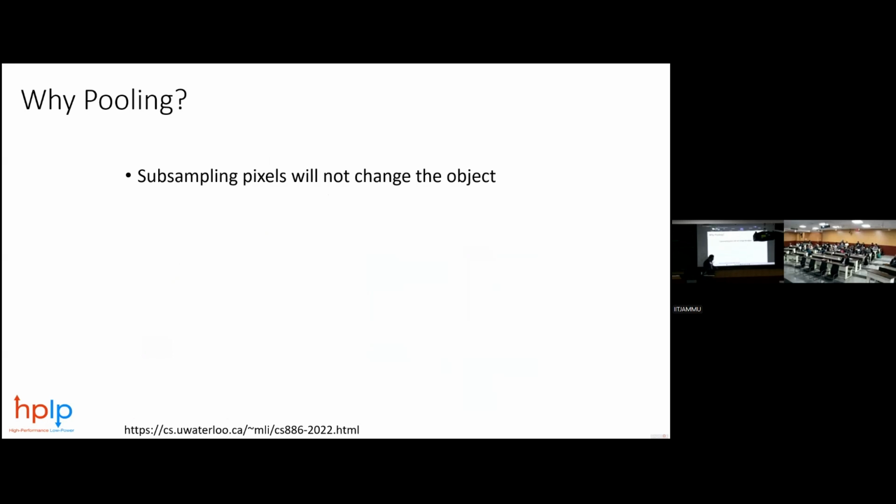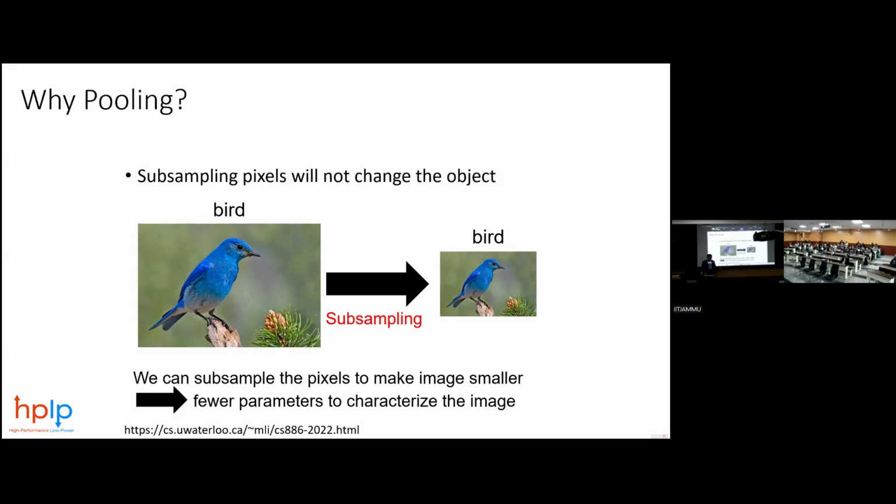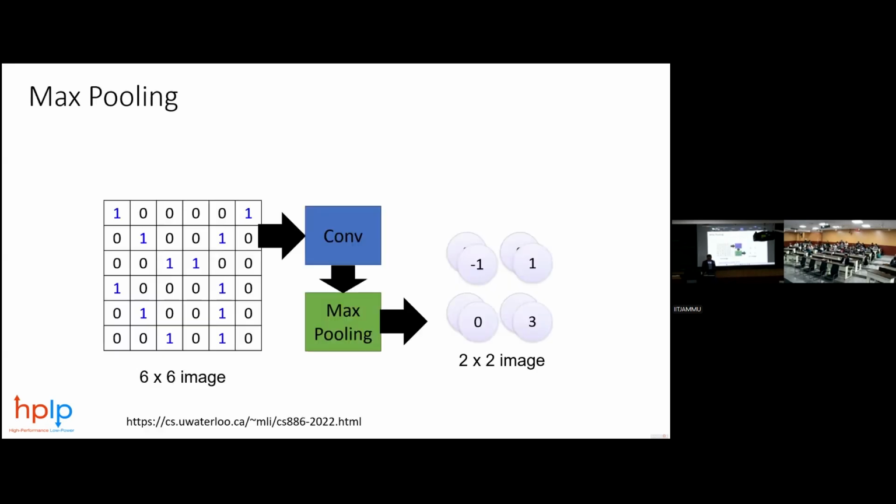Another way to think about it: if you have a high resolution image and you make it low resolution, that's another way to think about max pooling or average pooling. You still have the same image, the same information. So you do this subsampling, and that's the argument. It's not that you get better results, you get slightly worse results, but it costs you less compute, and that's the important part. That's why it's being done.